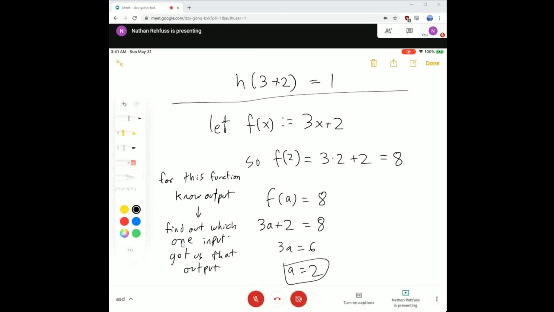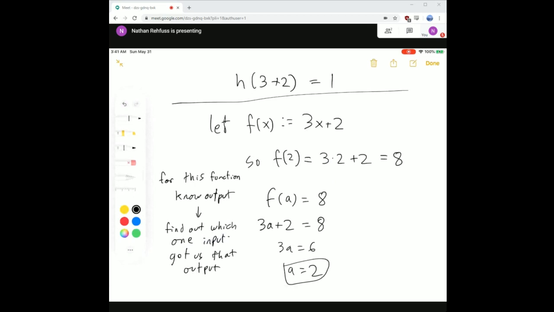So there's only one possible answer. If I said that f of a was 11, the only number that works is the input was 3. So if I know the output, I can solve for a unique input. Oh, yeah, that's the word I should use instead of 1 here. I should say unique. There's only one input that'll do it.